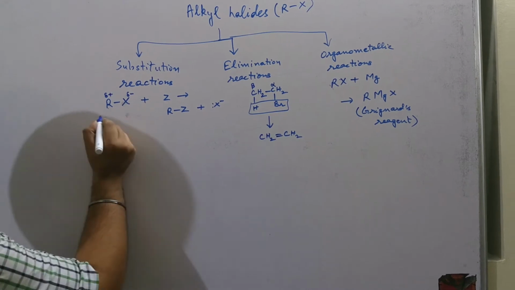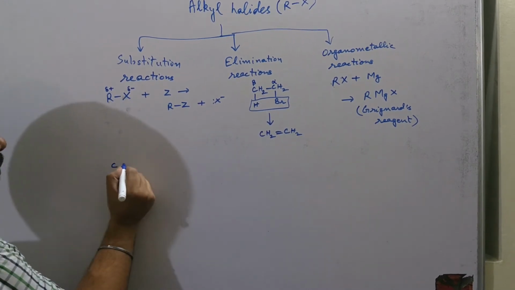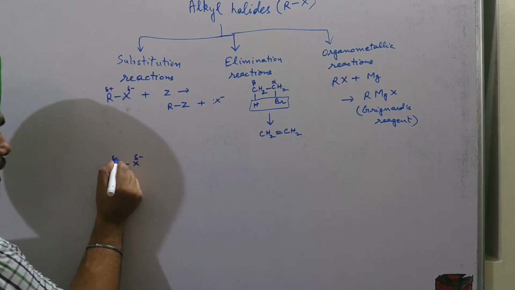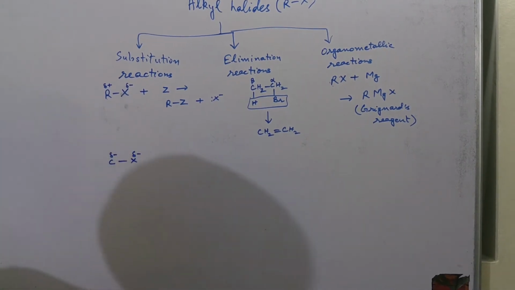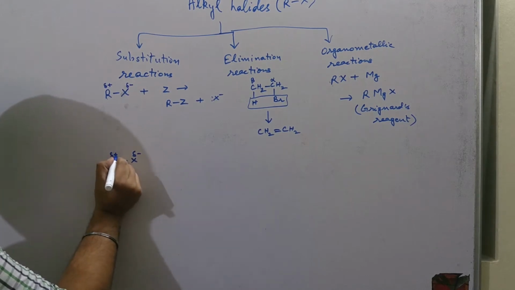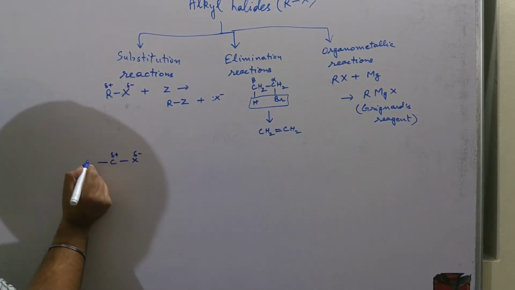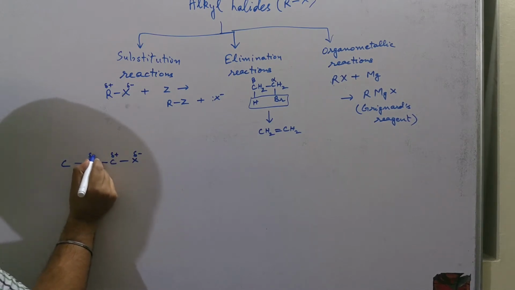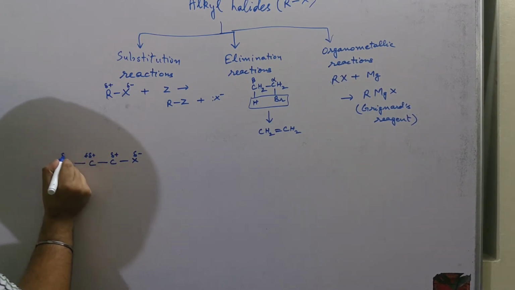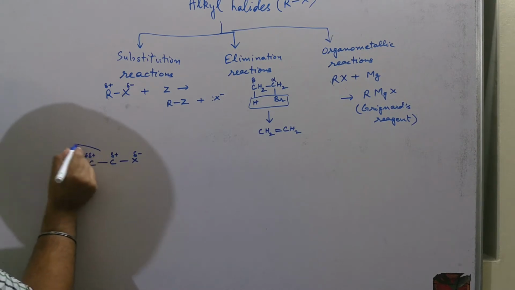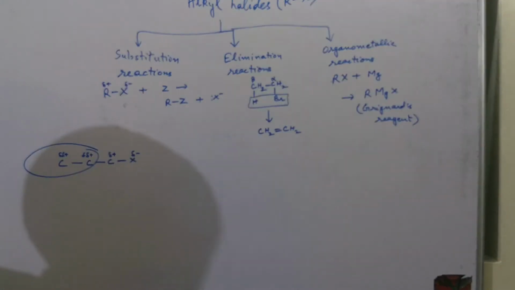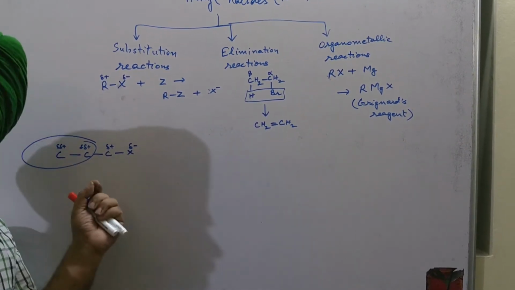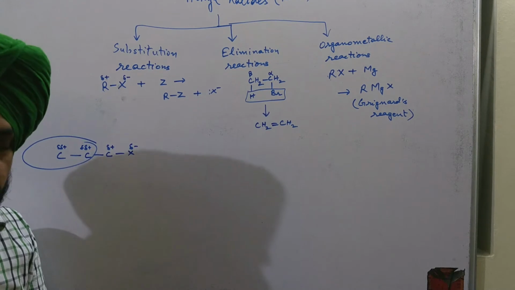In this polar bond, the halogen atom has a partially negative charge, and the carbon atom attached to the halogen has a partially positive charge. This charge also transfers to the other carbons, but it is very insignificant. So we will not consider the carbon atoms which are not immediately attached to the halogen. We will consider the carbon atom which is directly attached to the halogen.